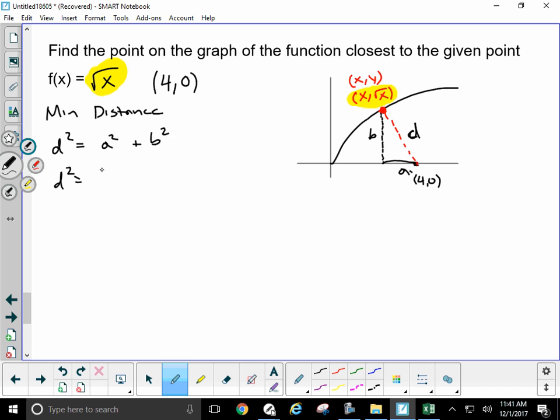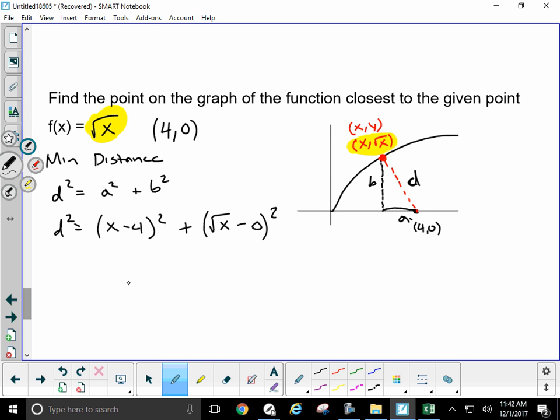This A distance is the difference between my two x's. This x minus this x will give me this distance here. The B distance is the difference between my y's. So that'd be the root x minus the 0, being squared. If you are comfortable with this, great.